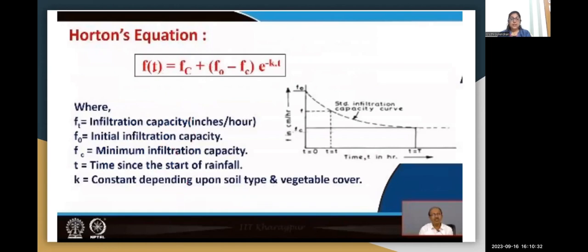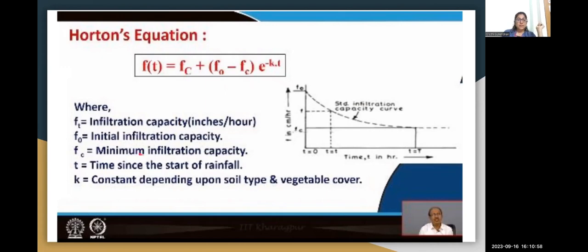It gives the infiltration rate at a particular time as a function of the minimum infiltration capacity, the initial infiltration rate, a constant K which depends on the soil type and the vegetation cover, and the time t. So this equation is Fc plus (F naught minus Fc) times e to the power minus Kt.